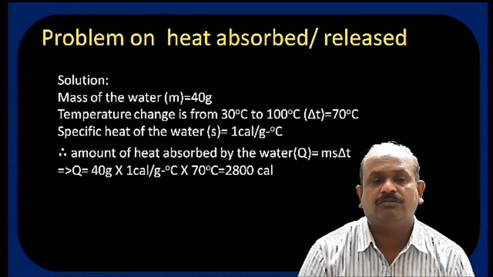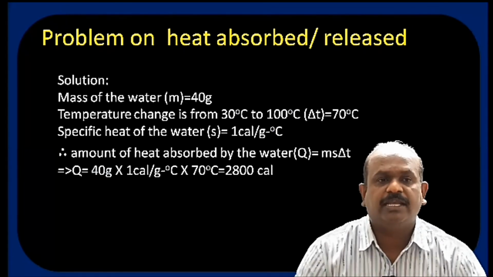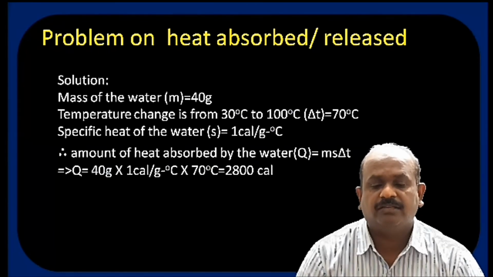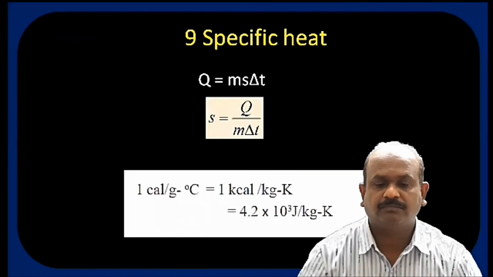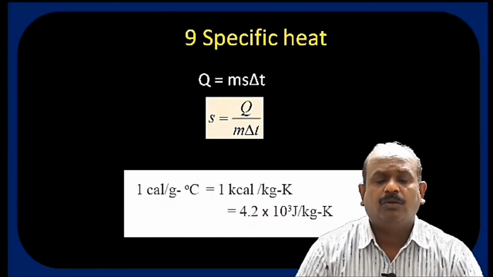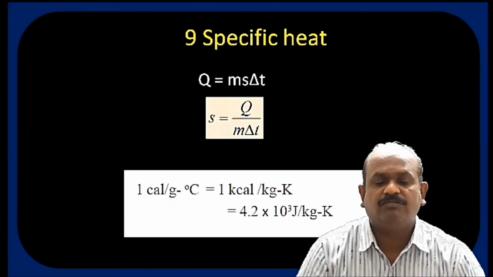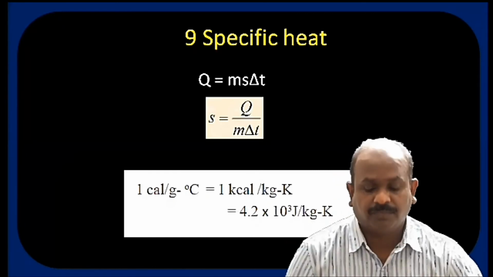It can also be written as 2.8 kilocalories. Now, what is the formula for specific heat? Q equal to m s delta T. From this, S equal to Q by m delta T.